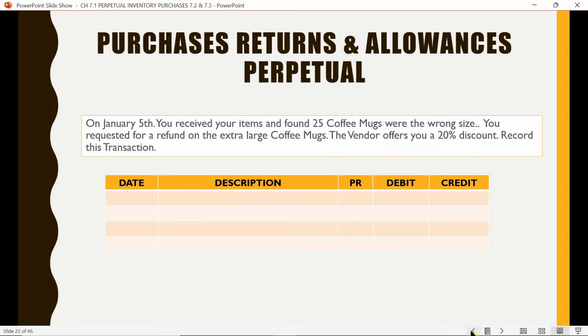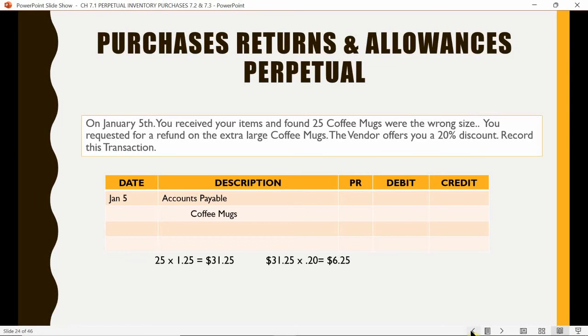Coffee mugs. You're still going to be using the inventory account, coffee mugs, because everything that goes into coffee mugs only has one place to go. So you're going to take everything out from coffee mugs. And in this case, I paid for these 25 mugs at a discounted price.